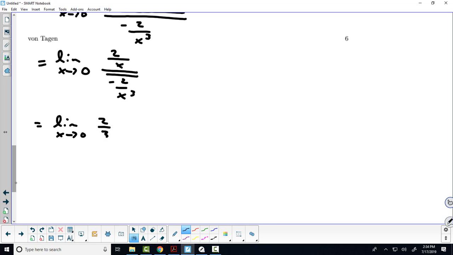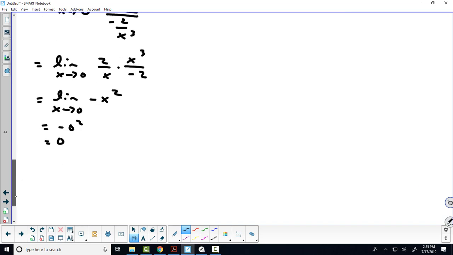Inverting and multiplying the denominator to multiply these two fractions together gives us this expression, which is the limit as x approaches 0 of negative x squared, which is just equal to minus 0 squared, which is equal to 0.